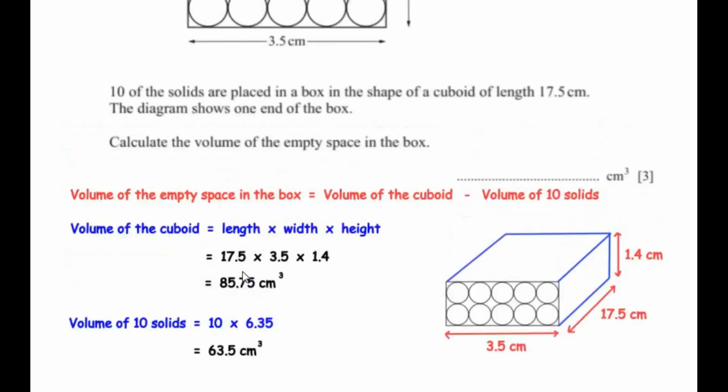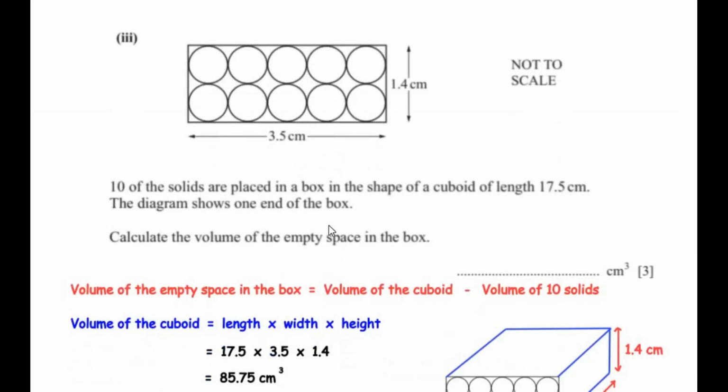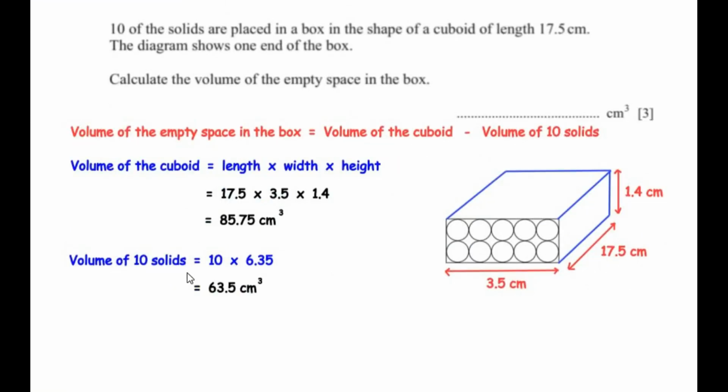Now volume of one solid we had got in previous part of this question as 6.35 cubic centimeter. Now since we are using 10 of these solids, we are going to get the volume of 10 solids as 10 times 6.35 cubic centimeter. So the volume of these 10 solids occupying this cuboid is 63.5 cubic centimeter. Now here we are just going to plug in the values of these two in this formula.